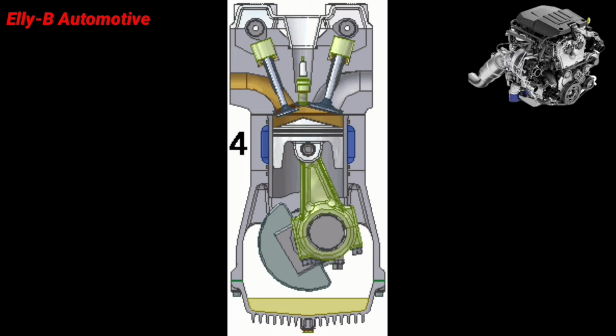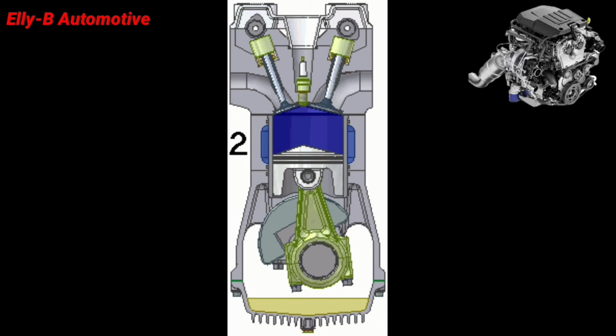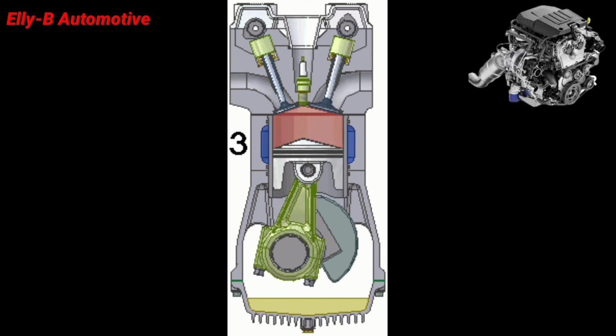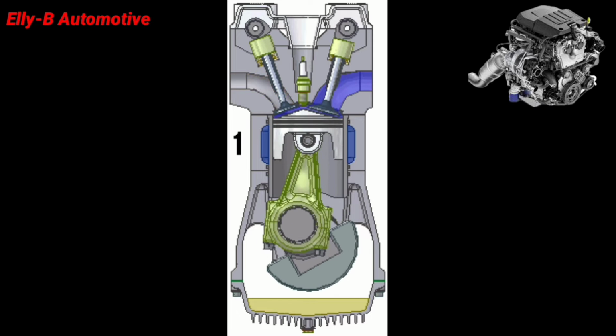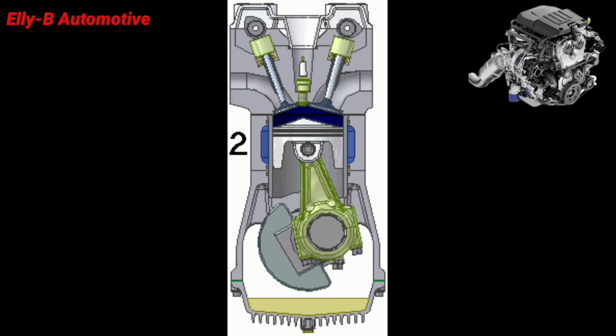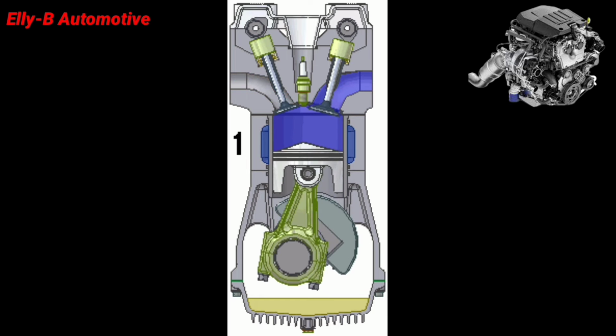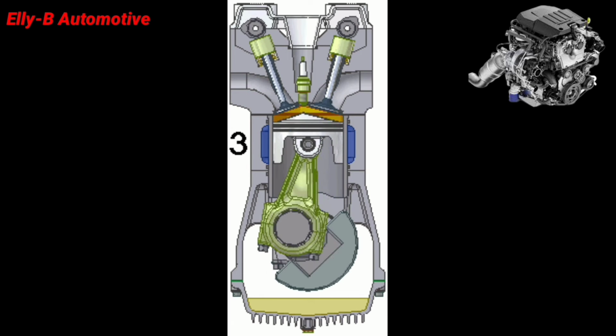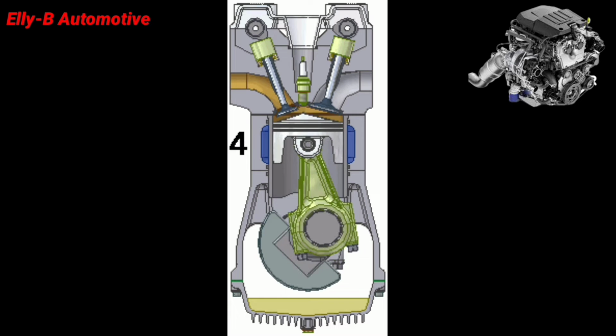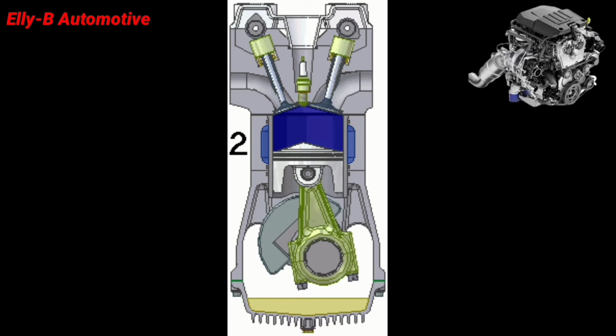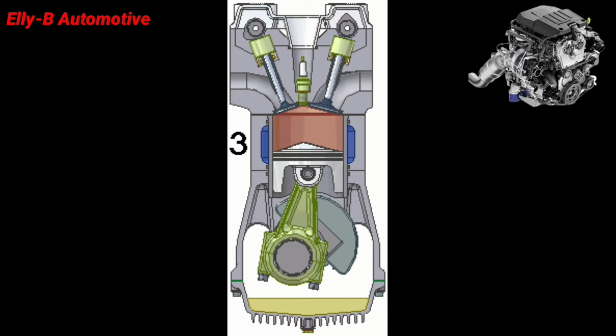While number three is power stroke. And number four is exhaust stroke. It is a continuous process inside the engine. So the internal combustion engine carries out this continuous cycle to keep the engine running.